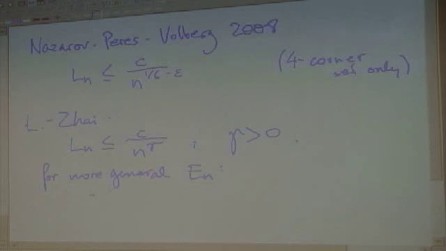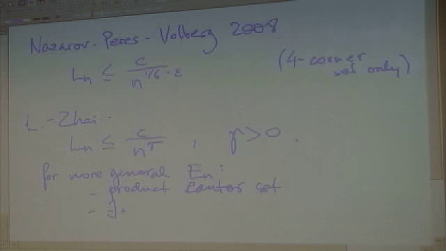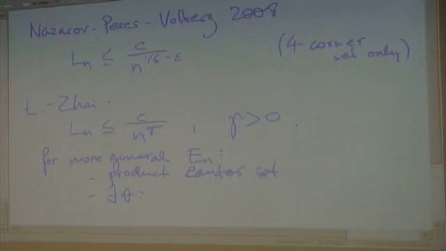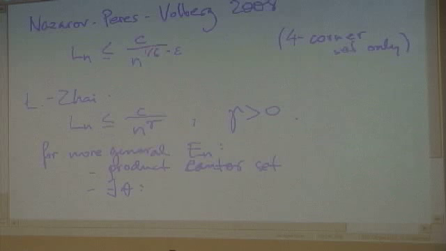One is that it's a product Cantor set. The other condition is that there is a direction theta in which the projection pi theta has positive measure.